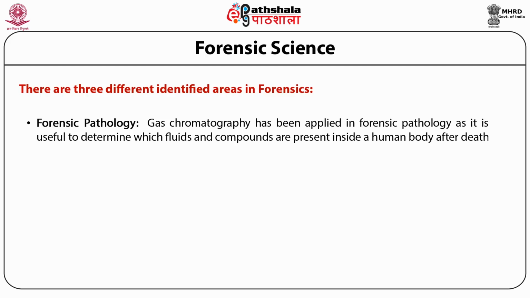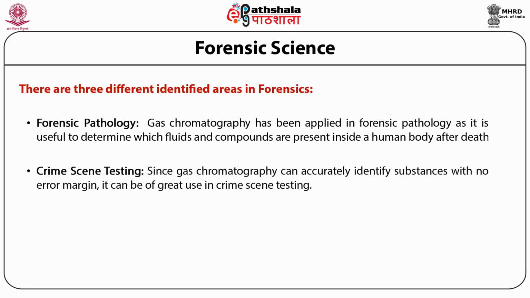This is vital in determining whether the person was intoxicated either from alcohol or drug abuse at the time of death, or indeed whether there is any poison or other harmful substance present in their body. Of course, this is imperative knowledge to determining cause of death and possible motive and culprit in the case of foul play.